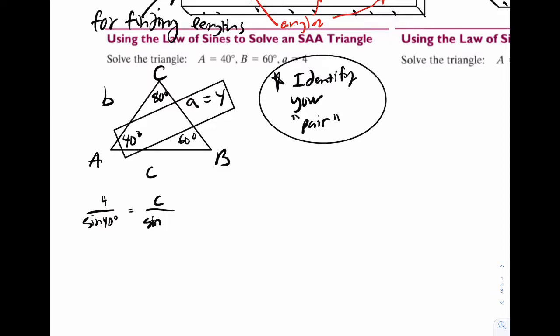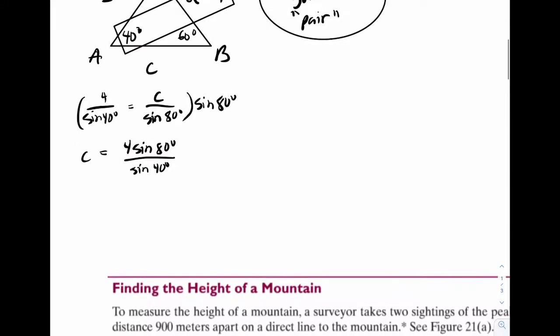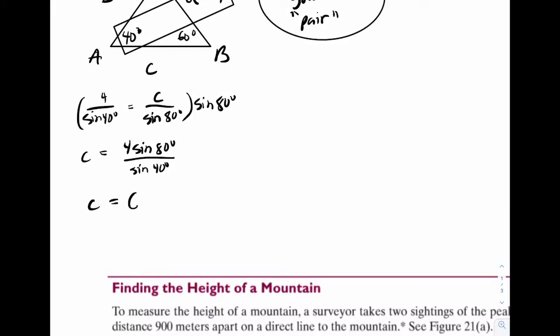So we can put 80 right there. Now to solve this, make sure you don't cross multiply. Simply multiply both sides by sine of 80. So now we get c is equal to 4 sine 80 over sine 40. Then you punch that in your calculator, and you get c is equal to 6.13.